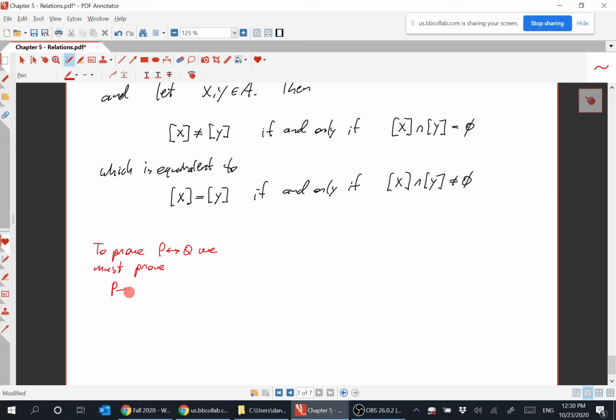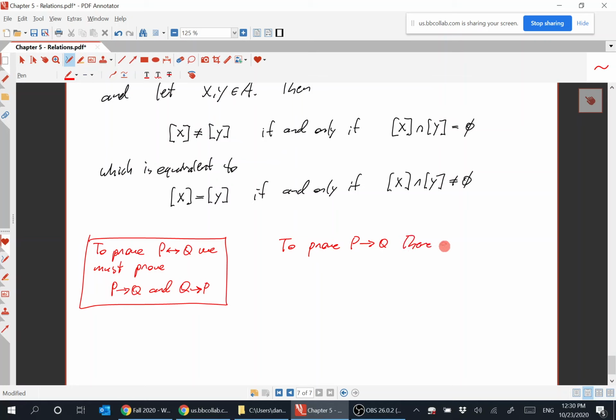That both P implies Q and Q implies P. And to prove P implies Q, there are three basic strategies.